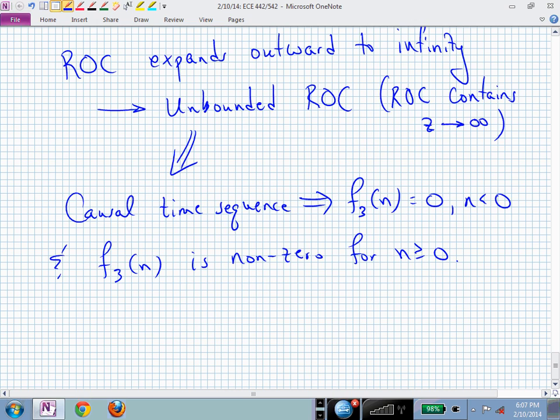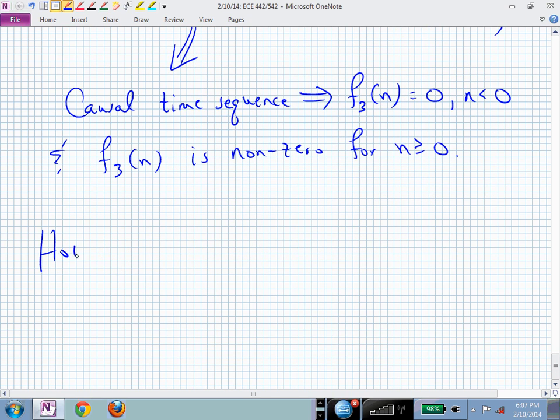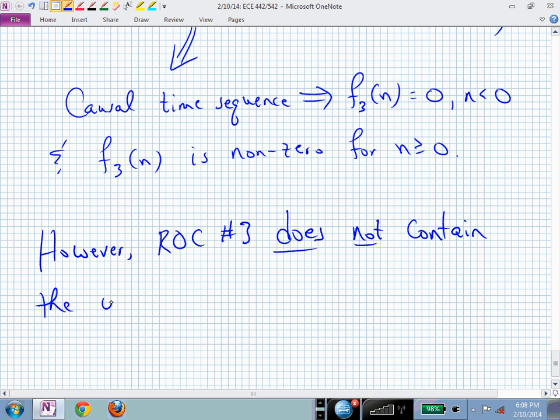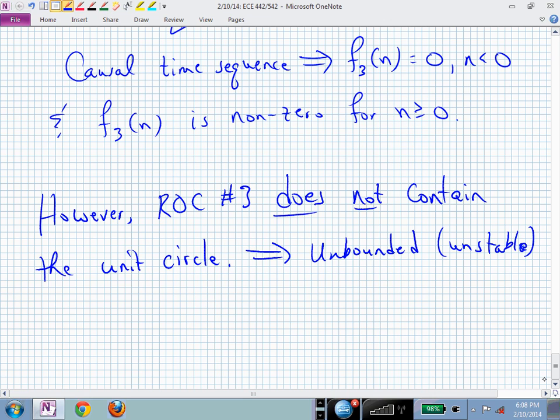So this one, region of convergence number 3, does not contain the unit circle, which says that we now have an unbounded or an unstable time sequence.